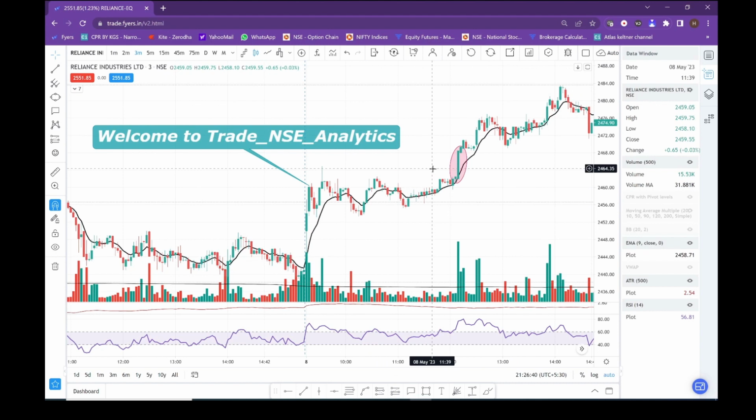So let's see the rules to consider a candle as a momentum candle. The body of the candle should be greater than or equal to ATR 500. Let me write it here.